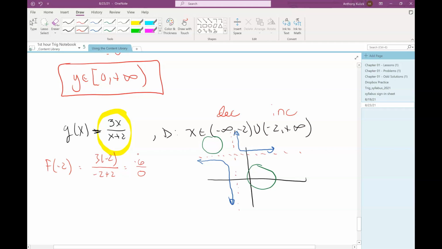Yeah, okay. So this is basically saying this is like the 0 is undefined, right? So this is like because it's negative 6 over 0, that's like a negative infinity. When you get something that's undefined, it's going to kind of represent an infinity, whether it's a positive infinity or negative infinity based on the sign.